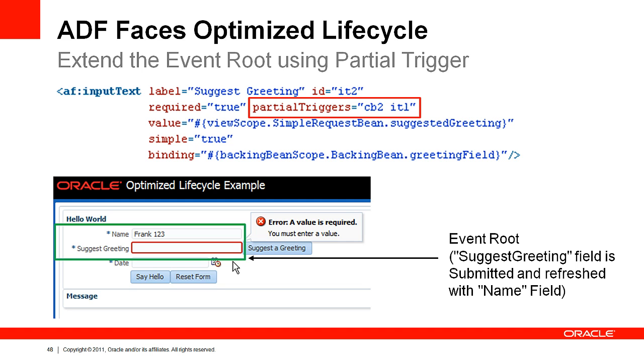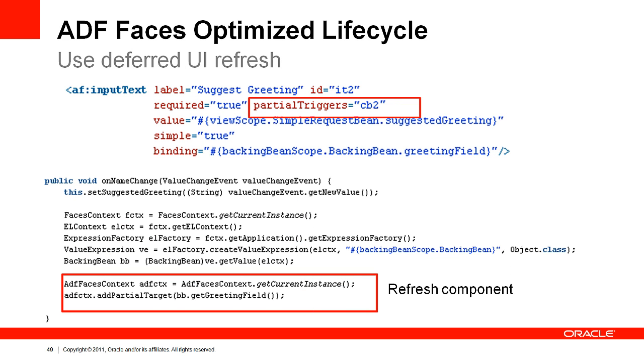Well, the way we get it working is that we don't expand the event root. Instead, what we want to do is handle the component refresh within code. However, let's start from top to bottom. So first of all, on the suggest greeting field, we remove the reference to the name field in the partial trigger property.